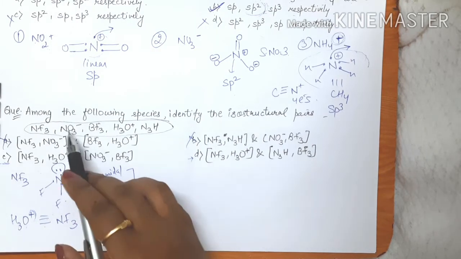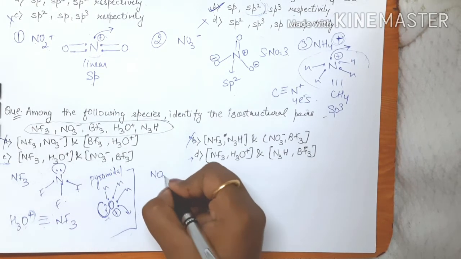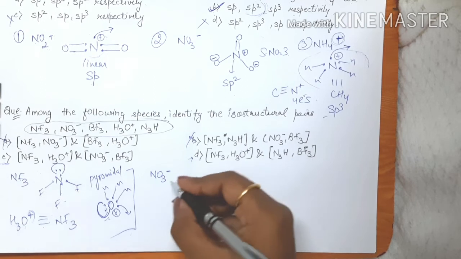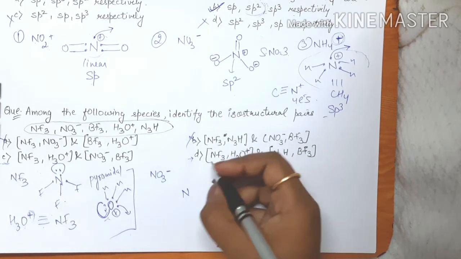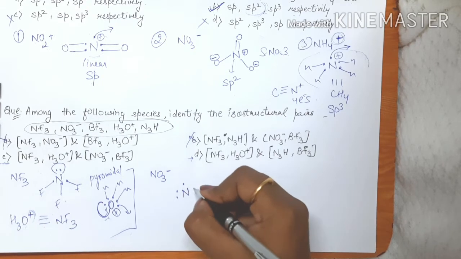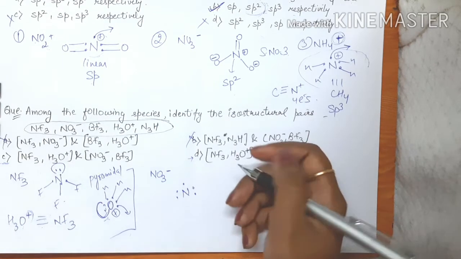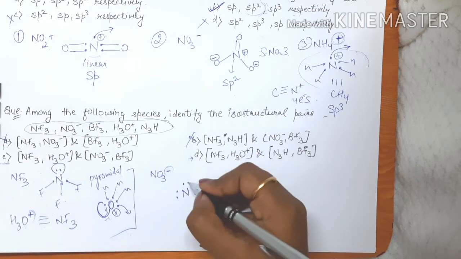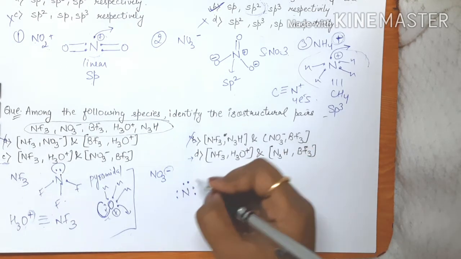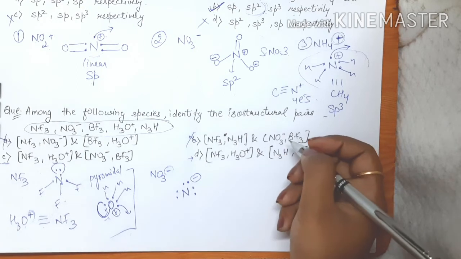Now moving on to the NO3 negative. Here what happens, nitrogen will be the central atom having 5 electrons in the valence shell. So now if we want to introduce this negative charge onto this nitrogen, then we just have to introduce one electron with this negative charge.